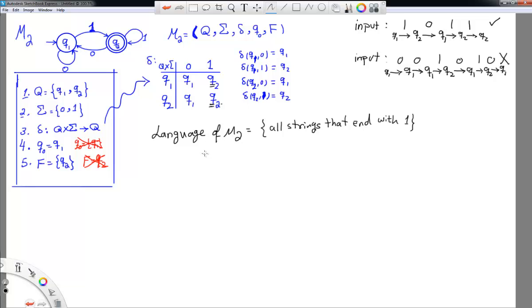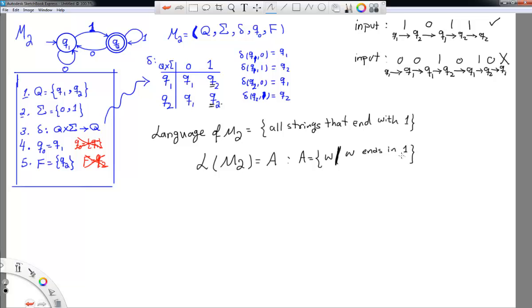Or in other words, L of M sub 2 is going to be language A, where A is the set of all w's such that w ends in 1.